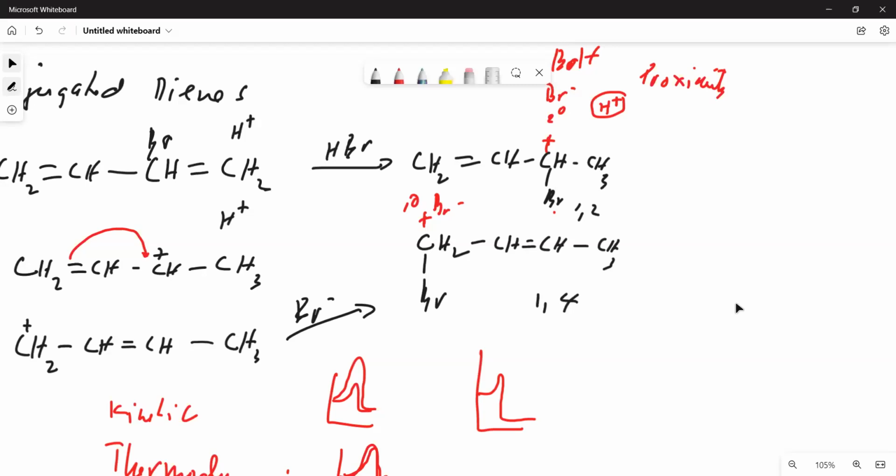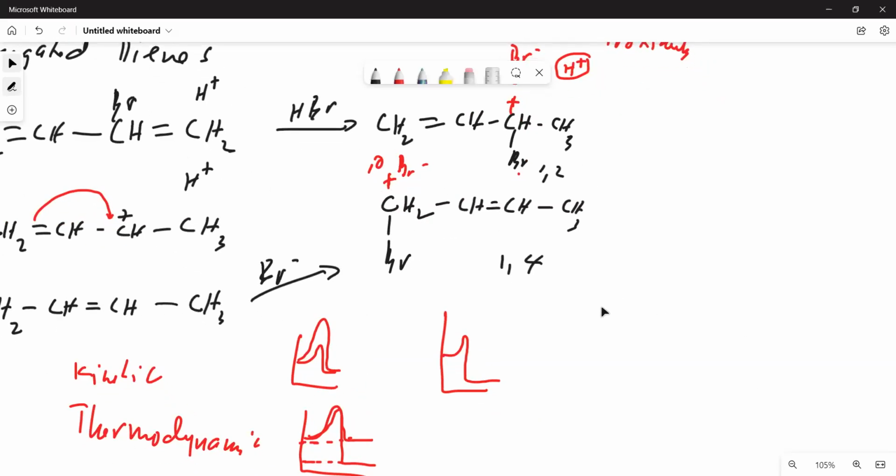But you have to take note, class, that although the 1,2 is always the kinetic product, it doesn't follow that the 1,4 will always be the thermodynamic product. Sometimes the 1,2 is also the thermodynamic product.